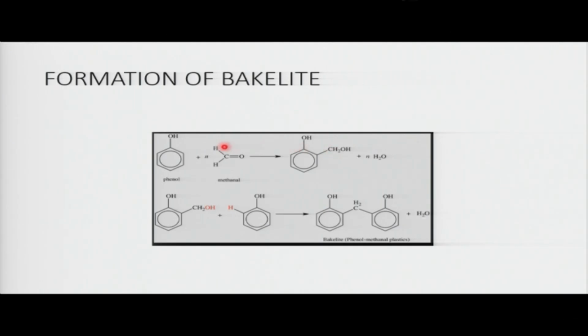Because phenol, if you remember when we were talking about chemical reactions of benzene and its derivatives, has the OH group and it's an electron donating group. So it directs to ortho and para positions. So here we have the ortho position. This ortho position can react with another phenol to form our polymer.